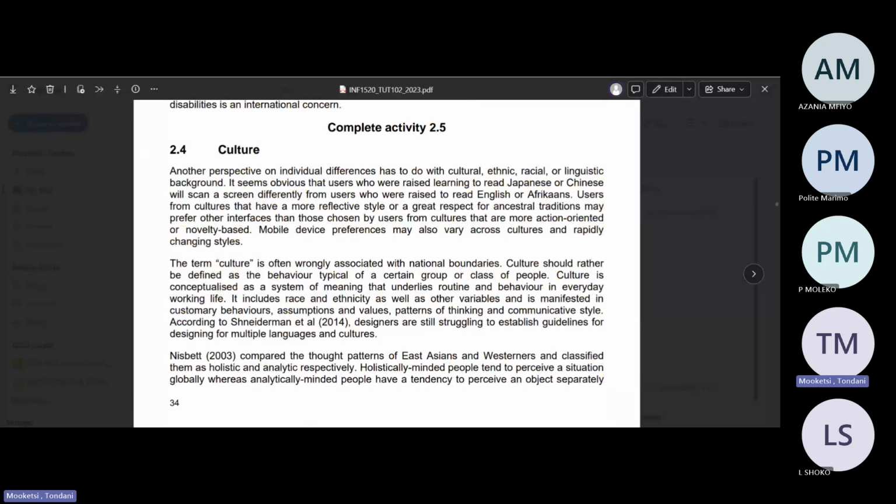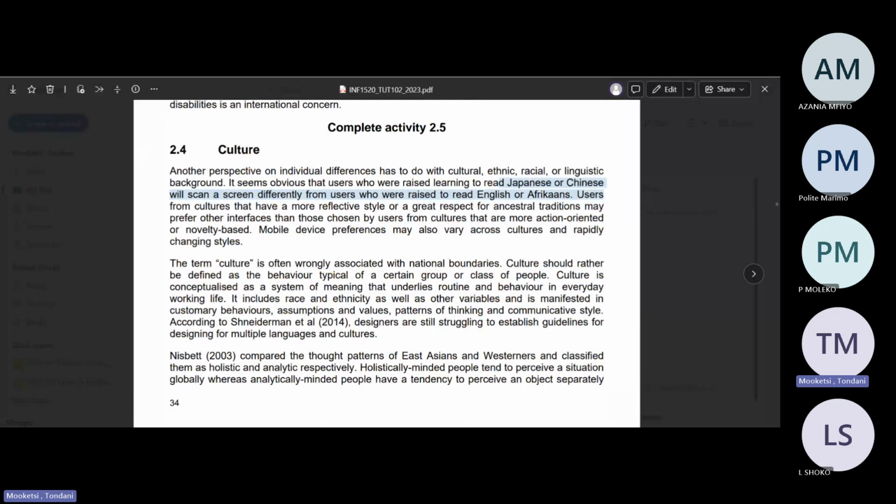So you can also read about this. They're saying how a person was raised affects how they view interfaces differently. So here they give an example of someone who grew up reading Japanese or Chinese versus someone who grew up reading English or Afrikaans.